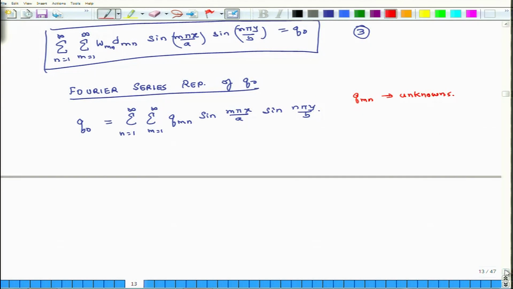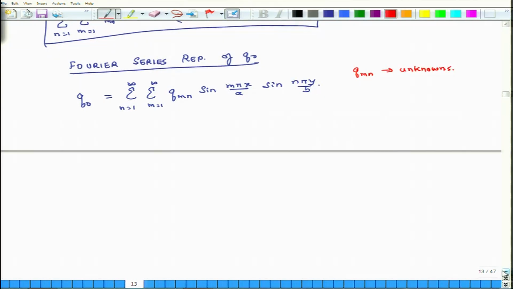So, how do we calculate them? This is again the standard Fourier procedure, just expanded to 2 dimensions. We multiply both sides of this equation by sin i pi x over a and sin j pi y over b, and we integrate both sides over the domain of the problem.